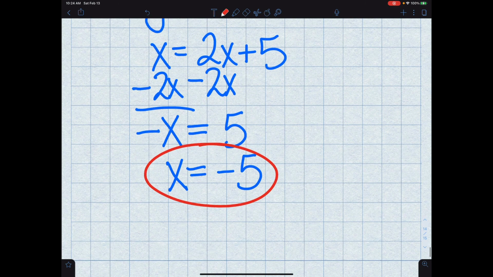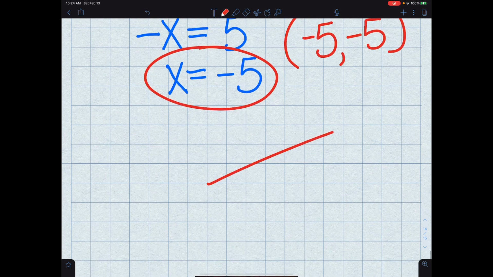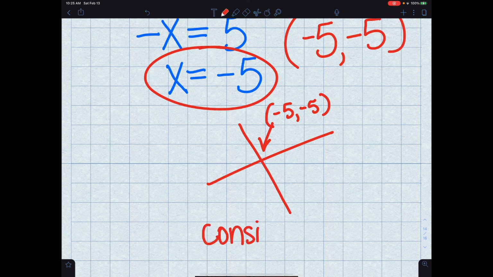So my point is negative 5, negative 5, and that's the only answer. That means that if you graph them, it's going to look like two lines, and the place where they cross is negative 5, negative 5. So that means that they are consistent equations.